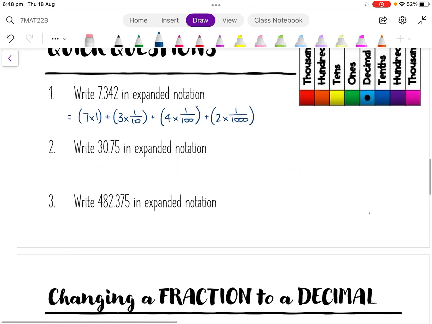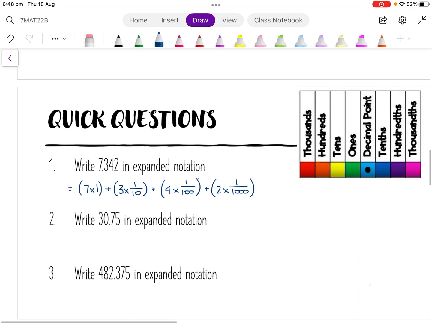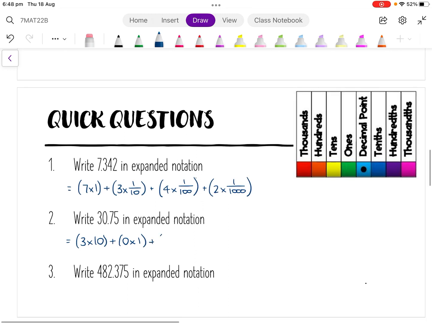Oops, sorry. For the next one, we want to write 30.75 in expanded notation. So we have 3 lots of 10 plus 0 lots of 1, or you could have left that out, plus 7 lots of 1 over 10 plus 5 lots of 1 over 100.